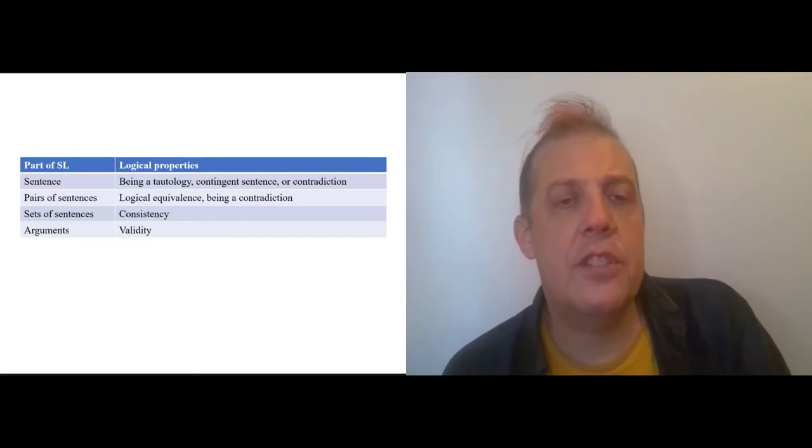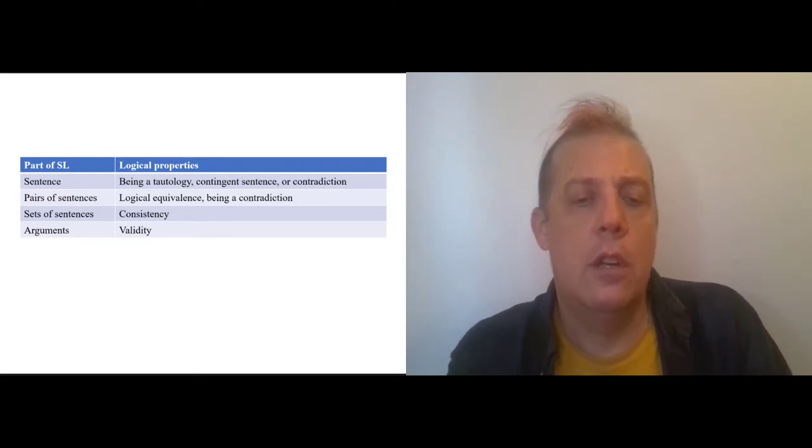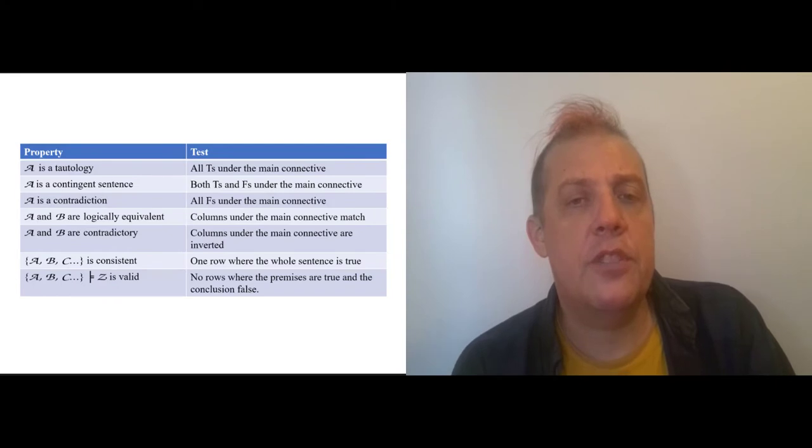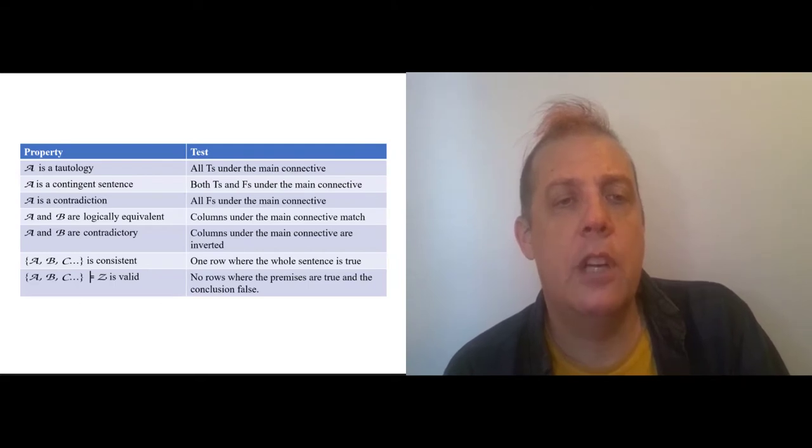For sets of sentences, we say that they are consistent or not, and for arguments, we say they are valid or not. For each of these, we have tests, right? So if something is a tautology, we say that it has all T's under the main connective. If it is a contingent sentence, it has both T's and F's under the main connective. If it is a contradiction, it has only F's.